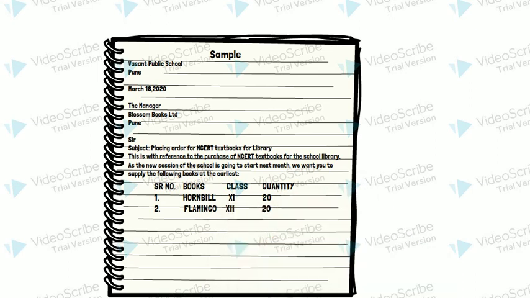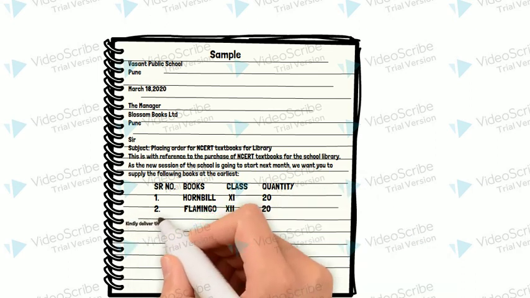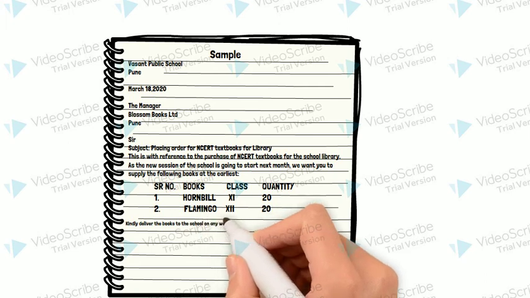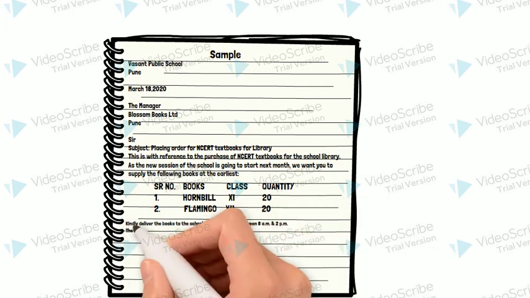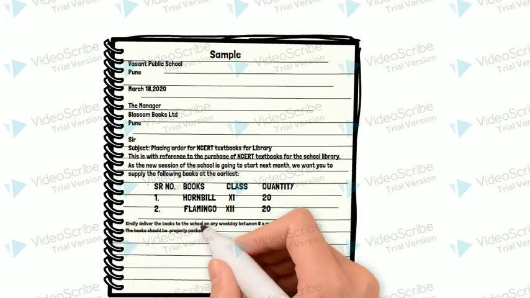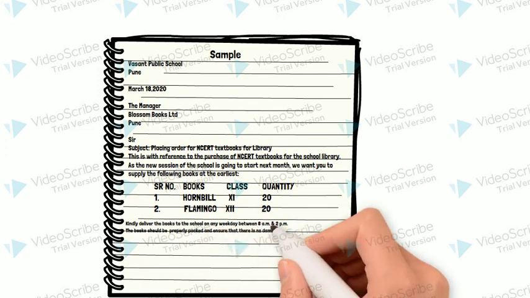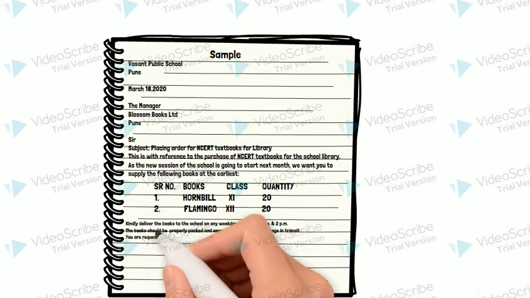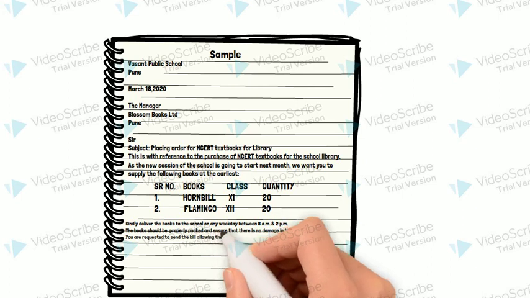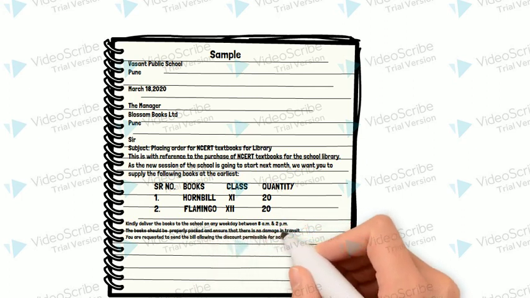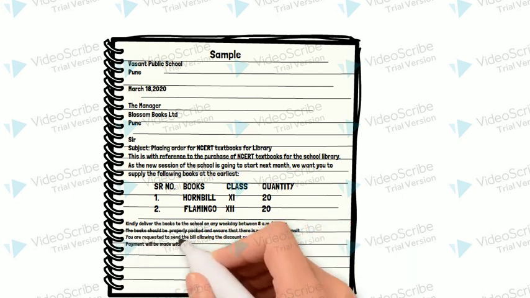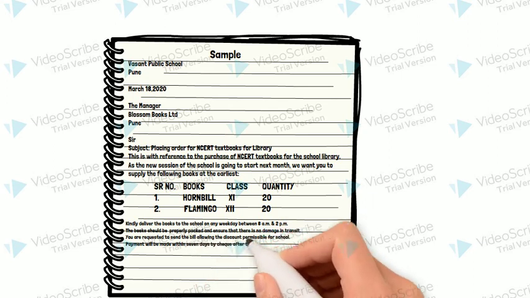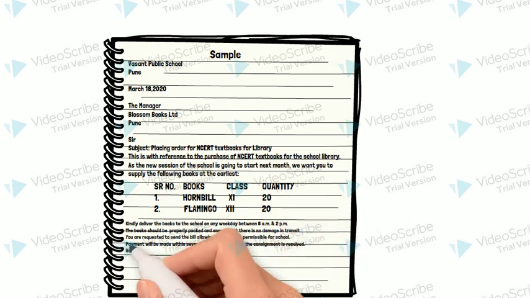And the last paragraph, that is the third paragraph, talks about the desired date of delivery of the consignment, mode of payment, shipping details, and discount permissible. And we conclude this letter with a complimentary close.